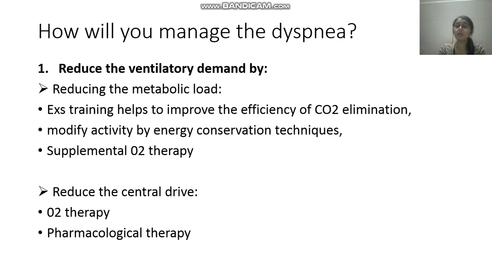So what they'll do is maintain long expirations so that the carbon dioxide is eliminated properly.